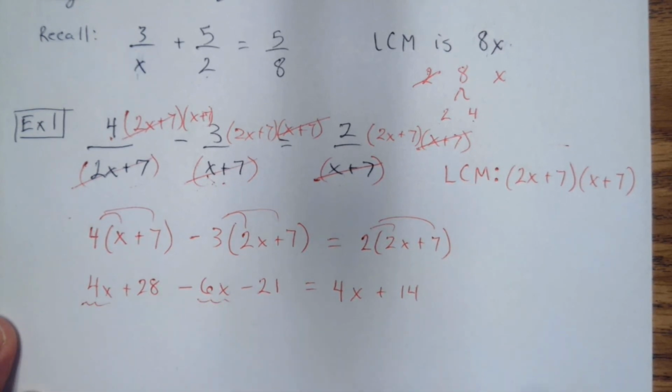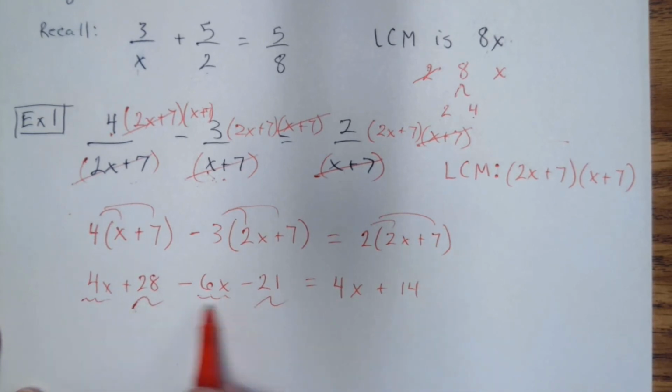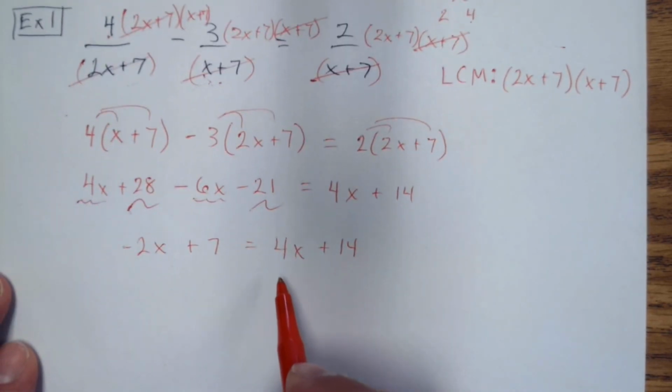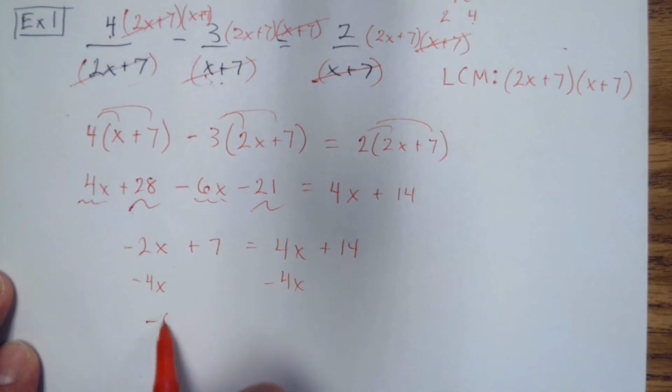Combine like terms when they're on the same side of the equal sign. So I have negative 2x plus 7 equals 4x plus 14. Minus 4x, minus 4x. So negative 6x plus 7 equals 14.